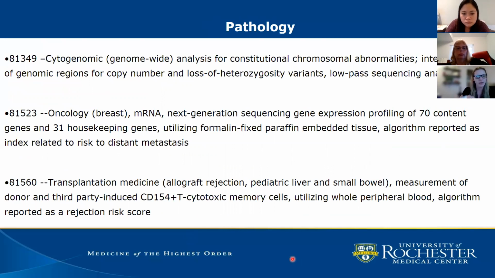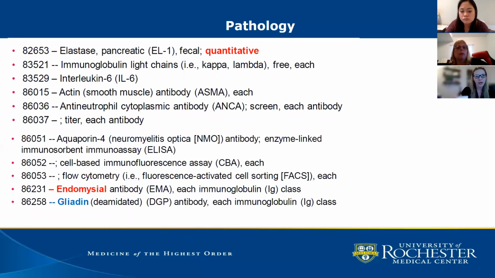A couple more new codes related to chromosomal abnormalities, as well as transplant medicine, so measuring patients that had an allograft, maybe they're measuring their rejection on it. Bunch more new codes. We can see some new pathology codes here.